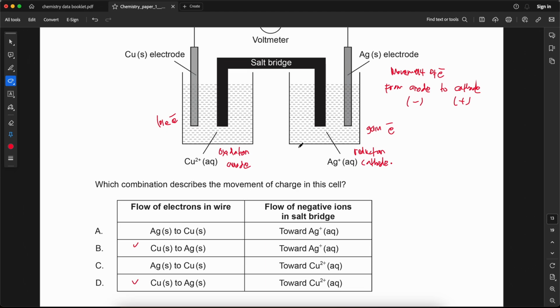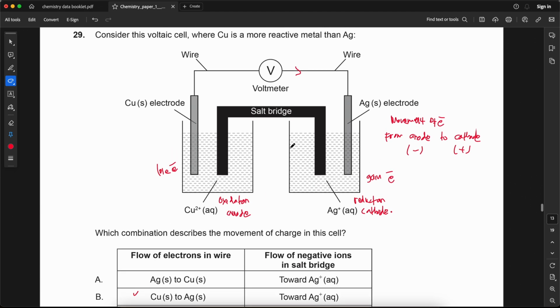But what about the flow of negative ions? Okay, let me explain. Cu2+ will be produced a lot right here because of oxidation, it will lose electrons and become Cu2+, and the electrons lost by Cu will flow to the cathode, so there will be a lot of electrons right here. So the concentration of Cu2+ increases in the solution, and electrons flow from anode to cathode.